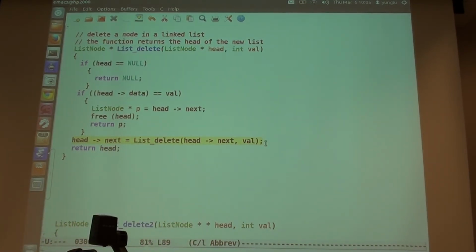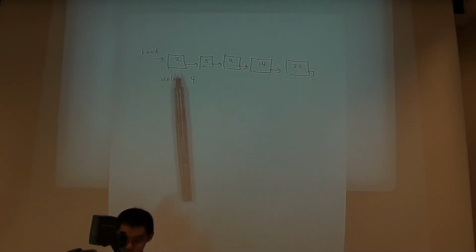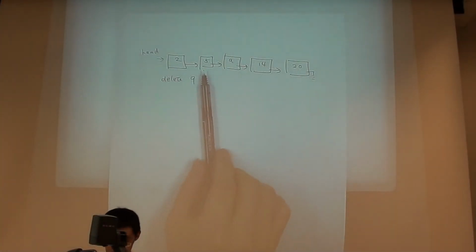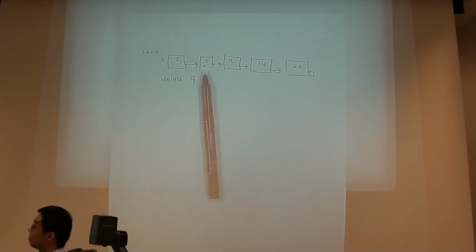Head's next equal to list delete head's next. So I try to go to the next node. I move to this one. I'm looking at whether it is the node I want to delete. So I basically skip the first node, 2. If you look at the two if conditions, neither is true.